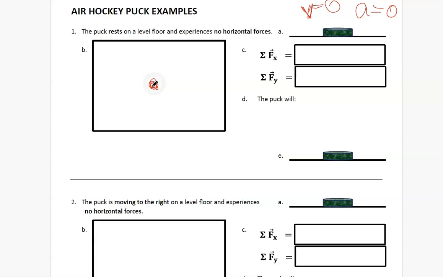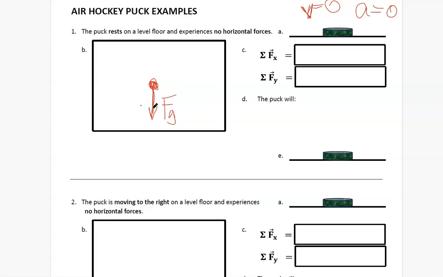But what about the vertical forces? Well, we know there's a weight force. There's always a weight force. If it has mass, it's going to have weight. So we're going to draw a weight force vector, F sub g. And it's sitting on a surface. This hockey puck is not crushing through the earth and heading towards the center of the earth.